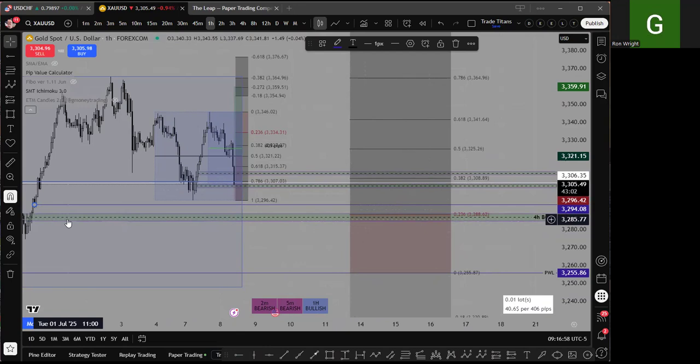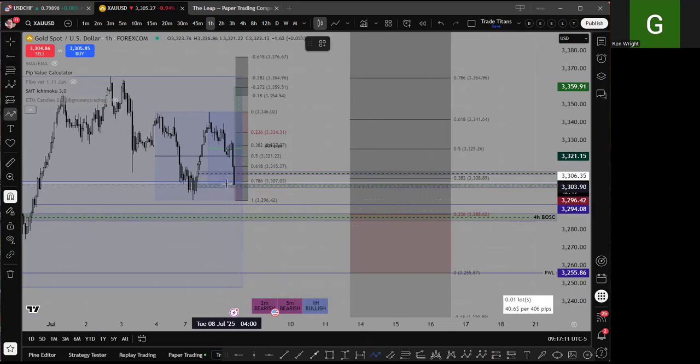But it's close enough that 236 is viable, because on the 4 hour we had that break of structure, which to me means if I was to trade down, I'd be trading from at least this level to this level, and then back up, working my way back, kind of thing.